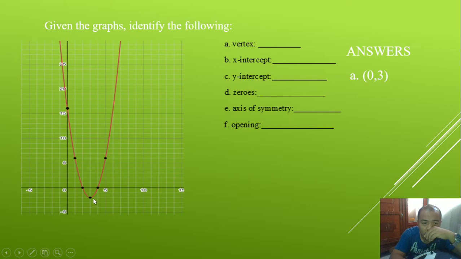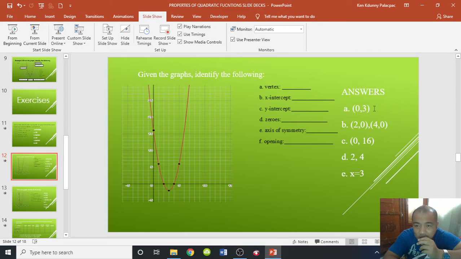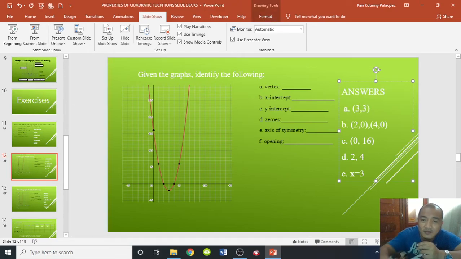The vertex, 0, 3. Wait, this seems wrong. X-intercepts, 2, 0 and 4, 0. Wait, the vertex is wrong. The vertex should be 3, negative 2.